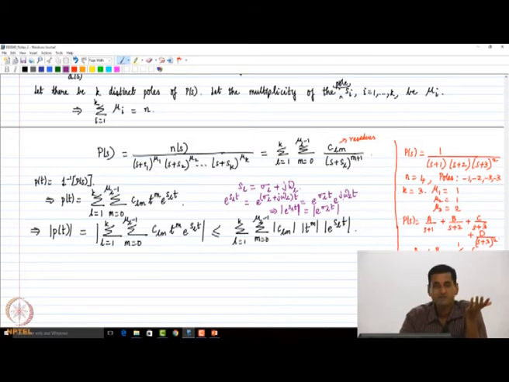Because the magnitude of e^(j omega_l t) is 1, and the magnitude of e^(sigma_l t) is anyway e^(sigma_l t), because the exponential term is non-negative. It can asymptotically go to 0, so I just remove the absolute sign. Is it clear how we got this simplification? We are almost there.